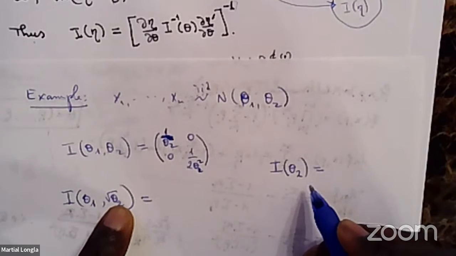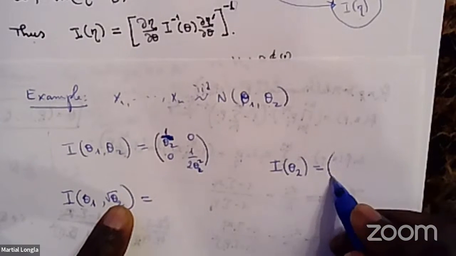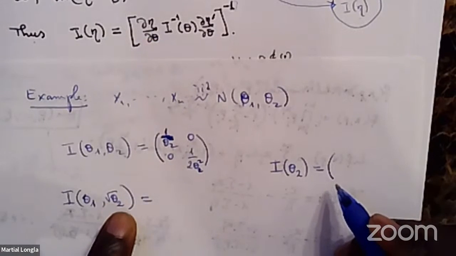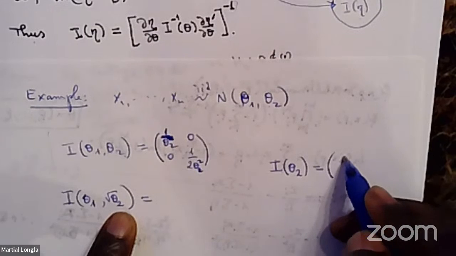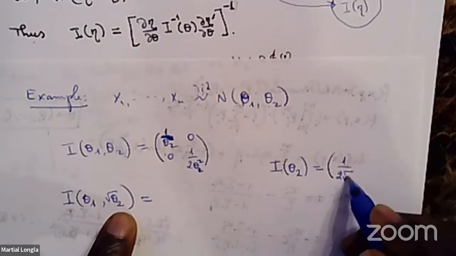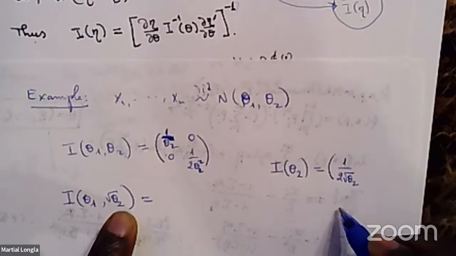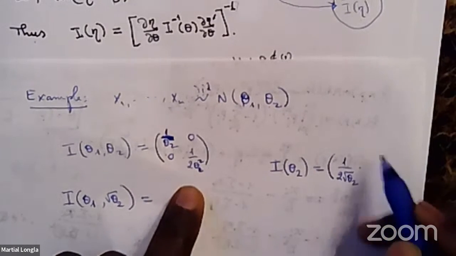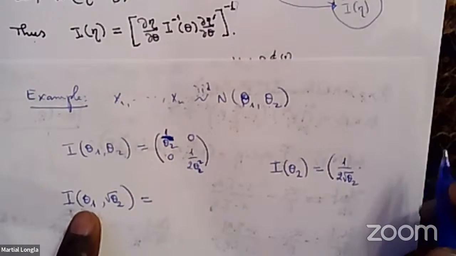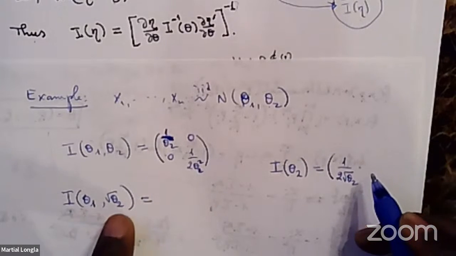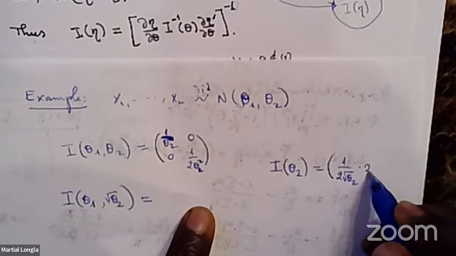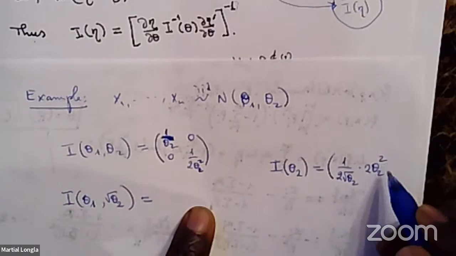So the function is square root. I'm going to take, according to this formula, the derivative of square root of theta 2. That's 1 over 2 square root of theta 2, right? Times whatever you get there, the inverse of this, it's 2 theta 2 squared, right?